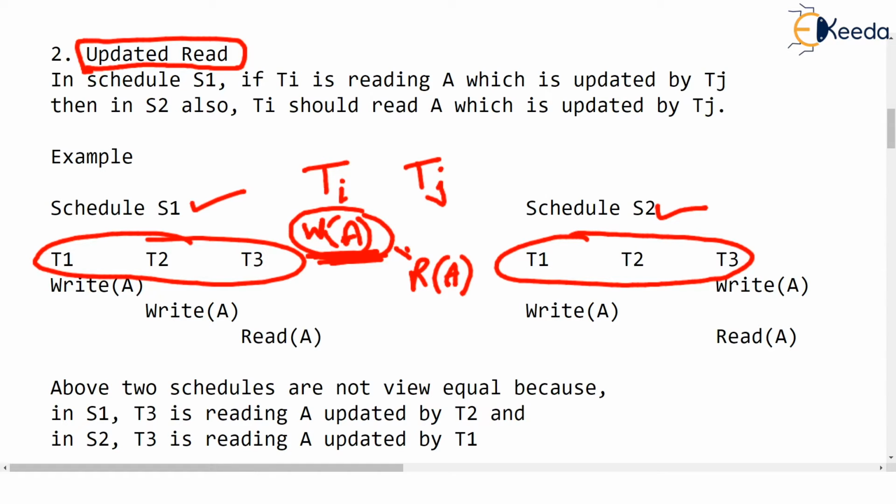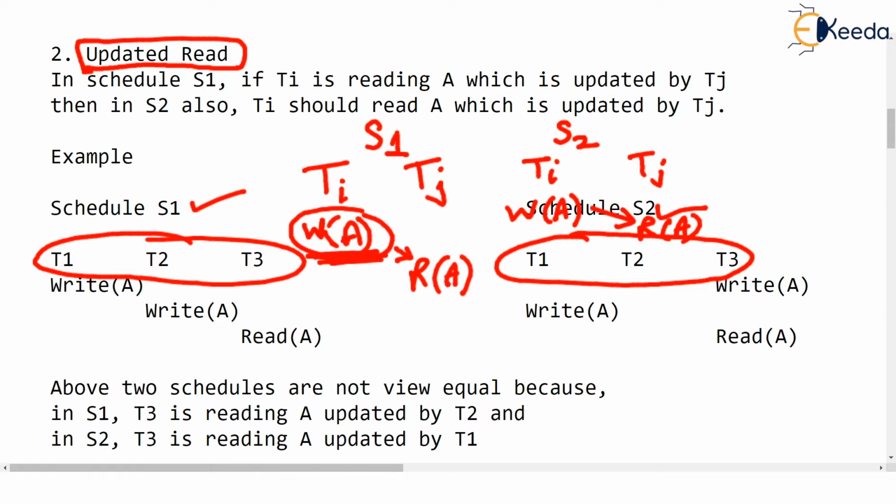Okay, let's say this is happening in schedule S1. If this is happening in schedule S1, then the same thing should happen in schedule S2. That means in schedule S2 also, Ti is writing A, you will see this operation, and Tj is reading A which was written by Ti. I hope you understand.